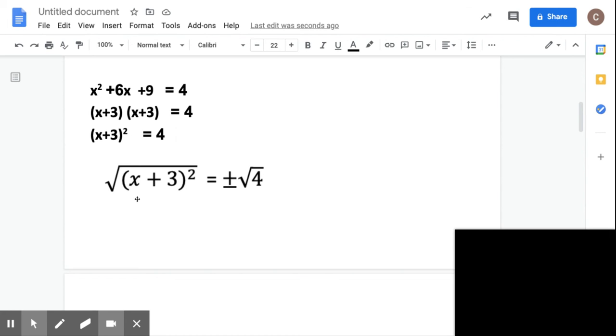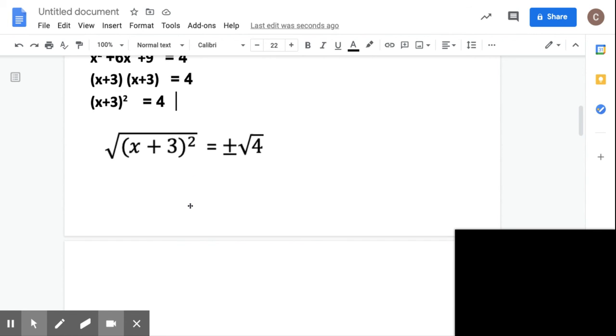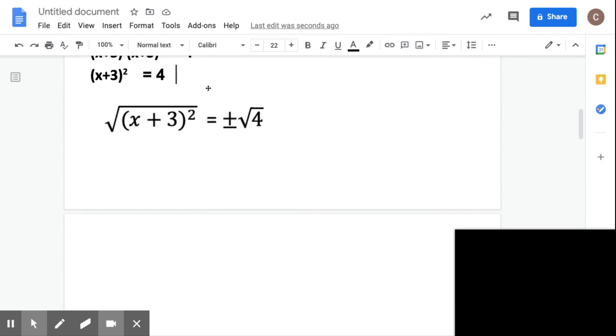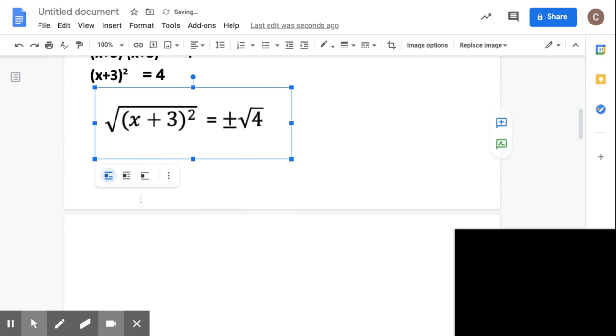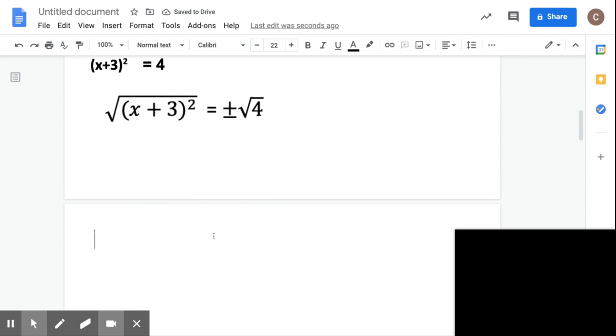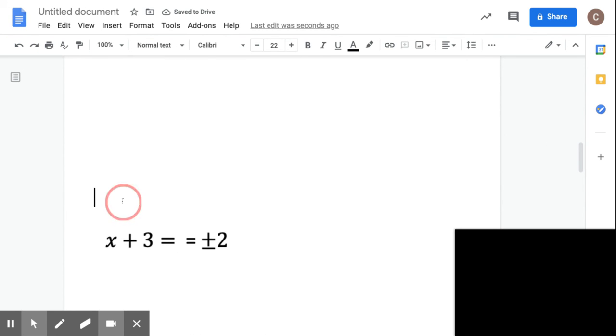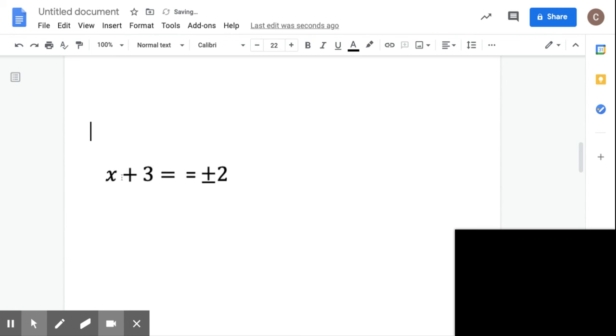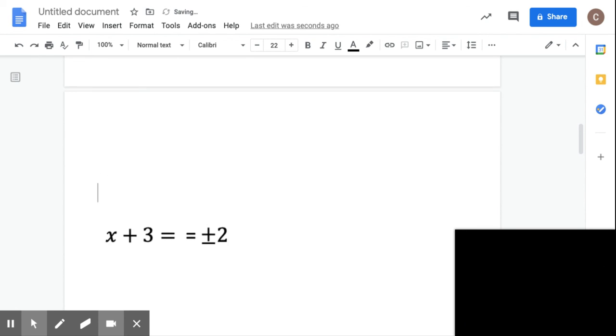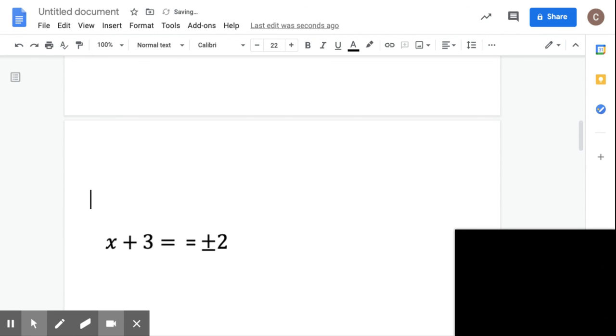Okay, so can you imagine what our next equation will look like? It's the same equation, but as we continue to simplify it, all right, let's see. Actually, oops, forgive me for that. Okay, so how will this look? We're simply left with x plus 3 equals plus or minus 2. Does that make sense?